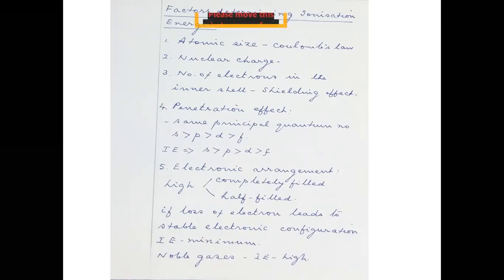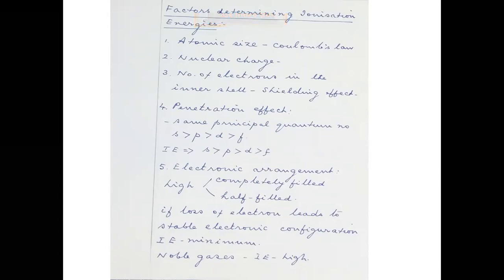When the size is big, the outermost electron is far away from the nucleus and it feels less attraction because of the distance. Hence the electron can be easily removed in the case of big atoms, and the removal of an electron becomes difficult in the case of smaller atoms.